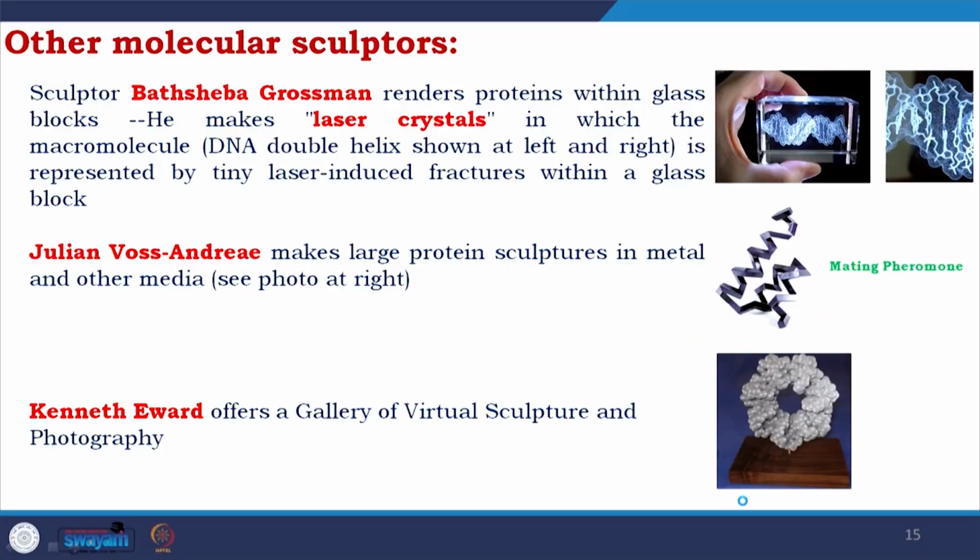A lot of people, crystallographers and electron microscopists, still make such models to gift to their students or people they want. Julian Voss-Andreae makes large protein sculptures in metal and other media. This is a model of a mating pheromone.